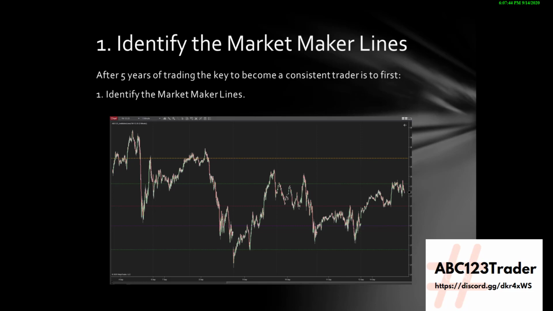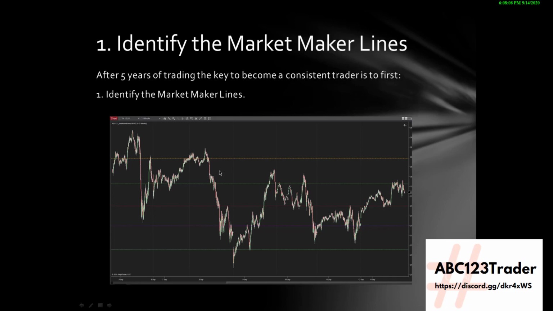So once you identify those target levels, you can enter a trade going long or short and hit these levels. Once you get to those levels, you can close your trade, see what happens, and then continue on.